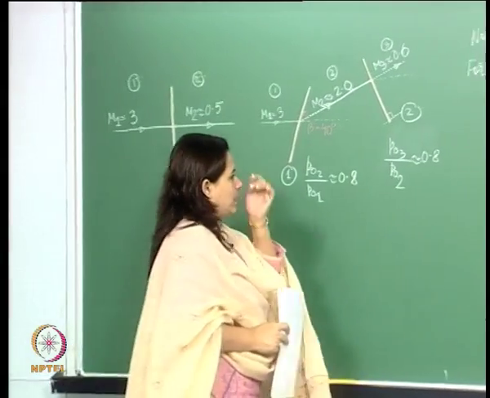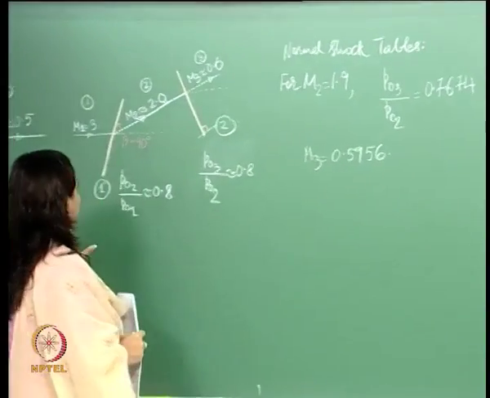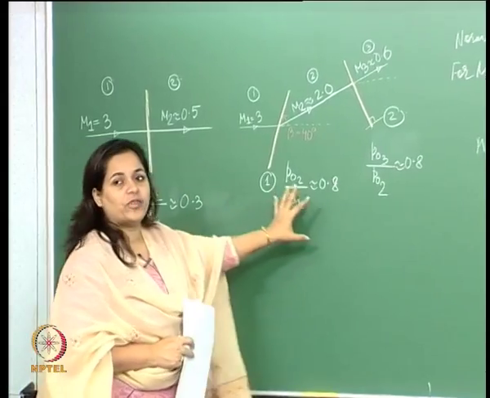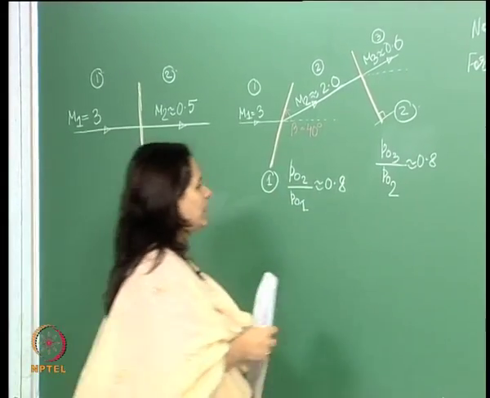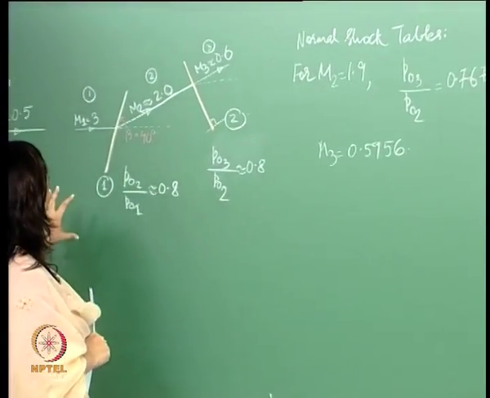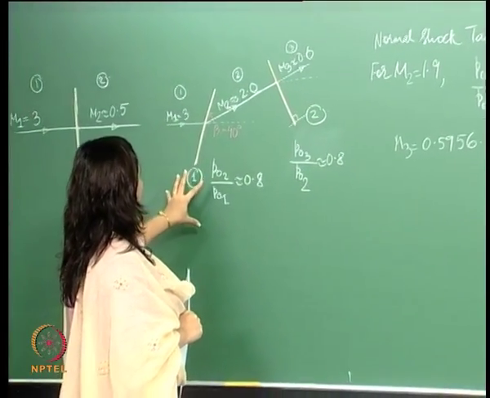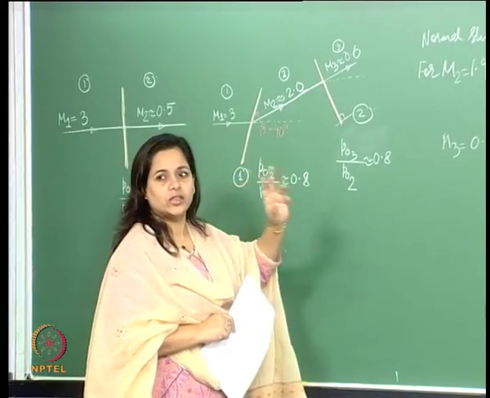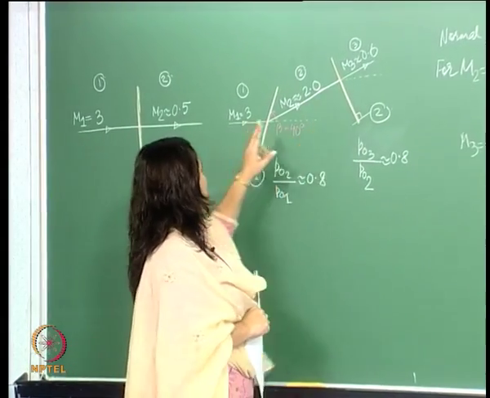Now our job is to find out whether this is more viable or this, and why. What we need in this particular shock structure is the total loss, the change in total pressure in region 3 compared to 1.